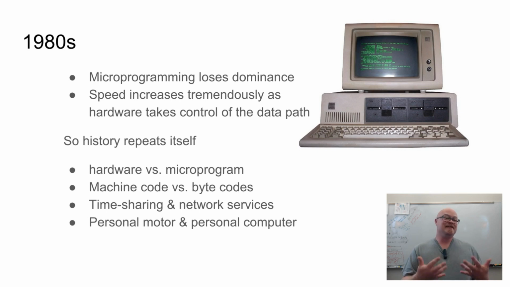But just like the personal motor in today's world, while we still have all those peripheral devices, those devices themselves are now full-blown computers. In fact, in many situations, we don't physically connect them to the computer at all anymore. Of course, we've come to expect that via, say, Bluetooth or Wi-Fi or some other technology, these devices can communicate, but we still think of them as being connected to the computer.